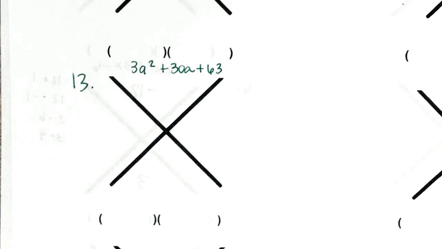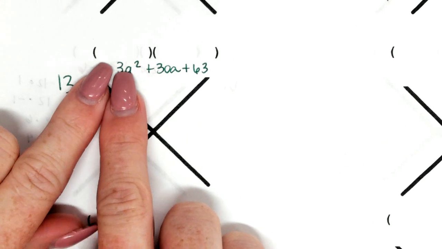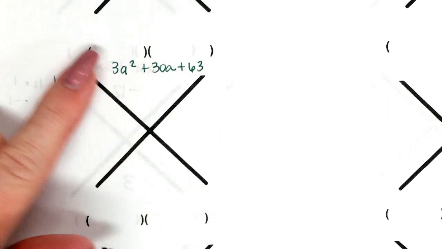The problem is you cannot factor a quadratic equation until you have pulled out the greatest common factor. So on all the other ones, there are no greatest common factors that you can pull out. But does everybody see what I can take out of every single term?